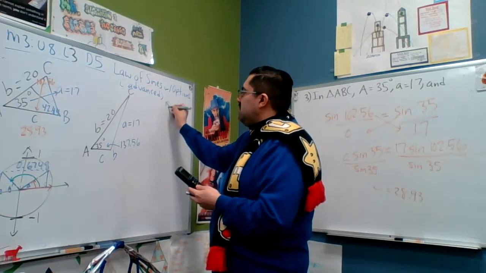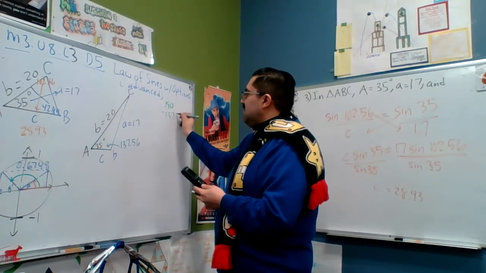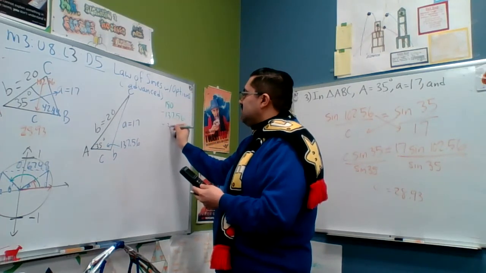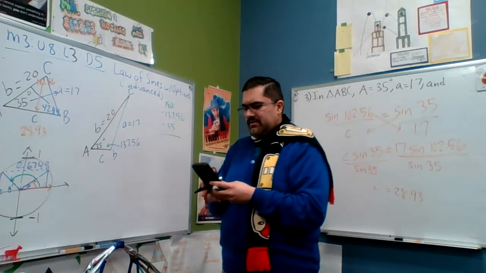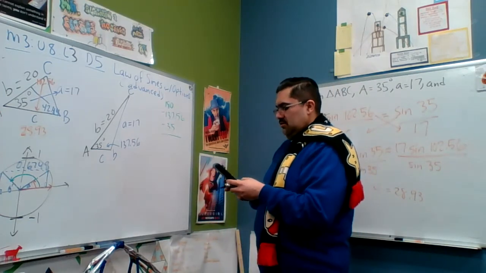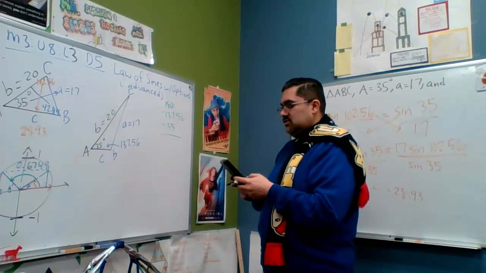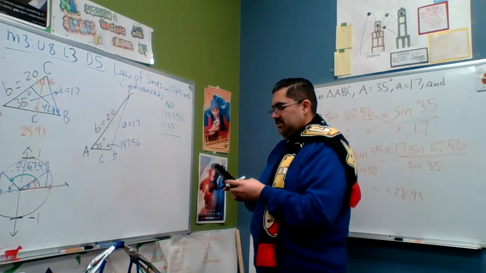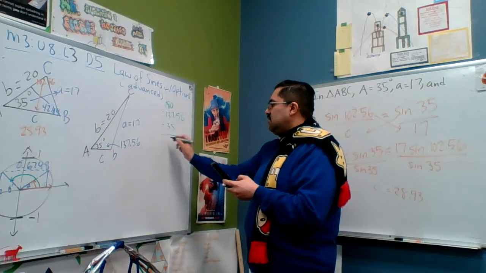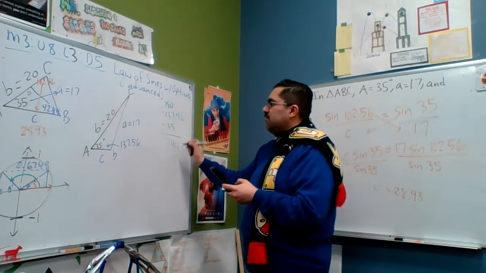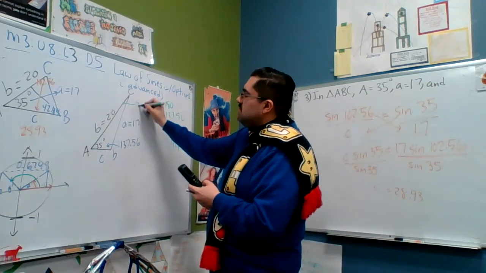We know 180 minus 137.56 minus 35 doesn't leave a lot. We're going to have a very small angle up there, but it will still be able to be put together. Made a calculator error. 7.44. So this angle appears 7.44.